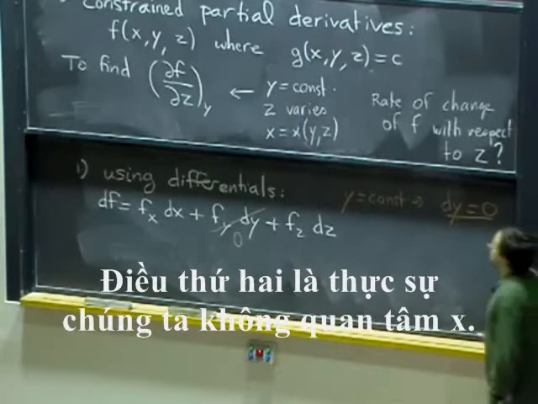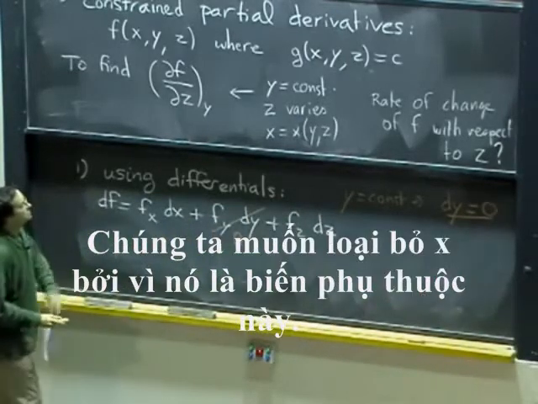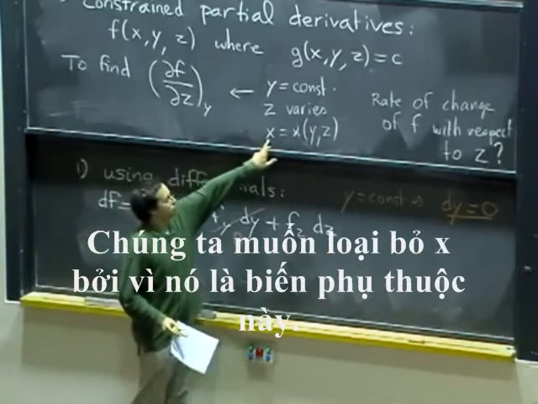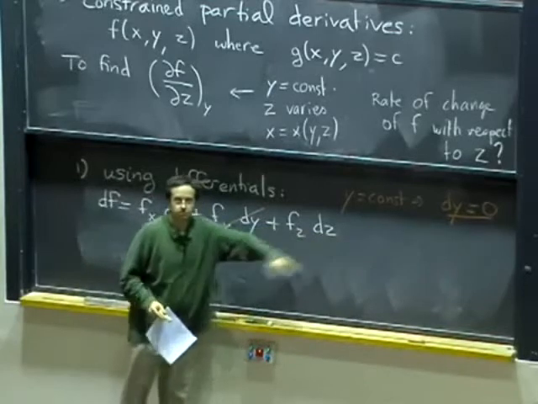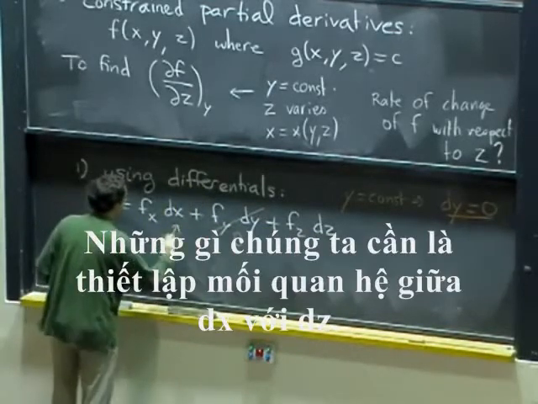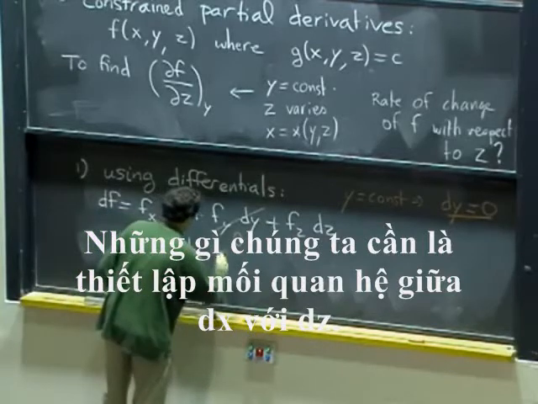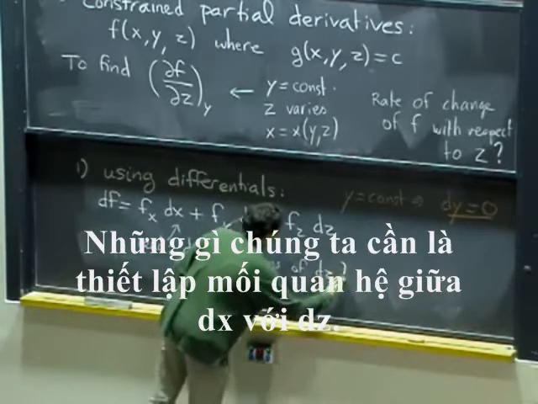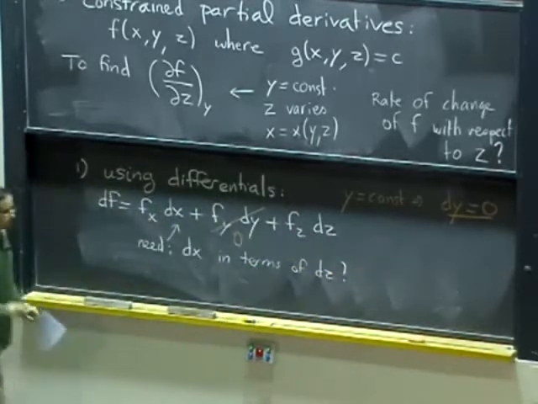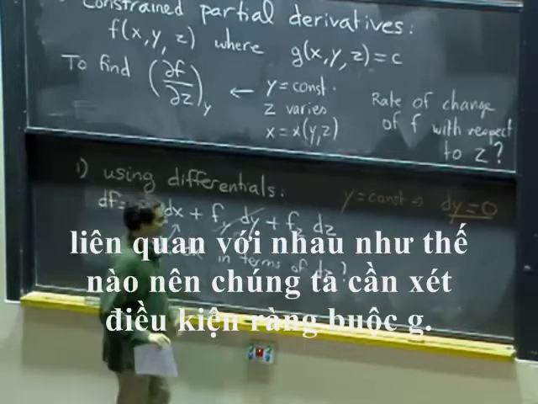The second thing is actually we don't care about x. We'd like to get rid of x because it's this dependent variable. What we really want to do is express df only in terms of dz. So what we need is to relate dx with dz. Well, to do that, we need to look at how the variables are related.